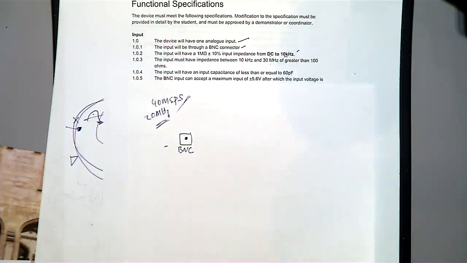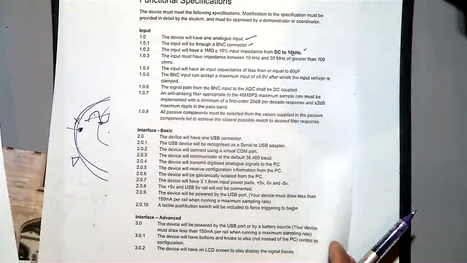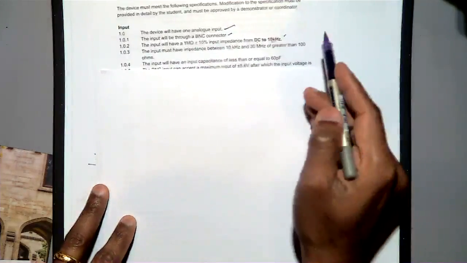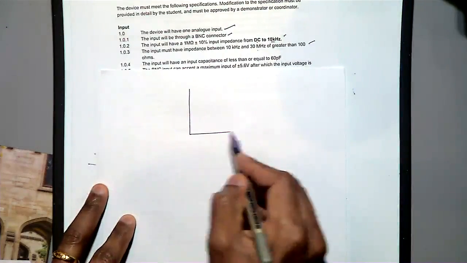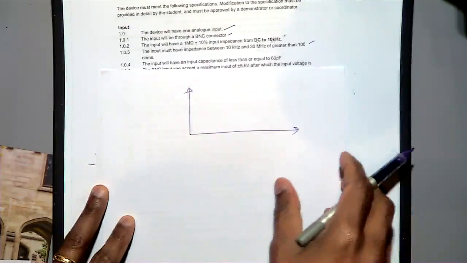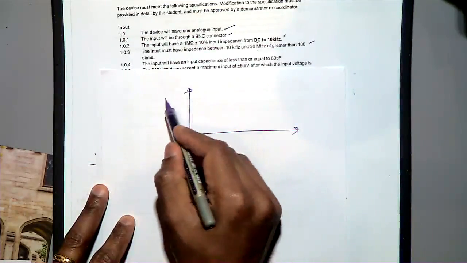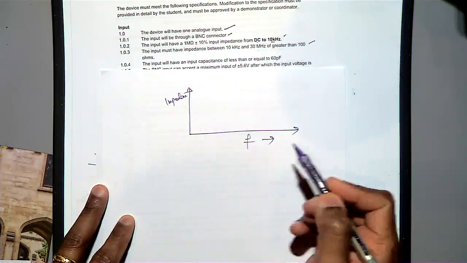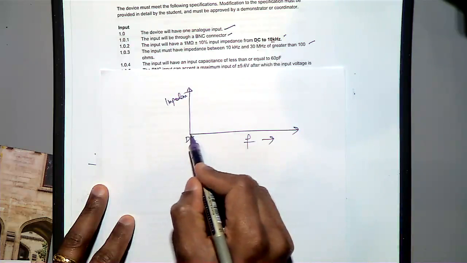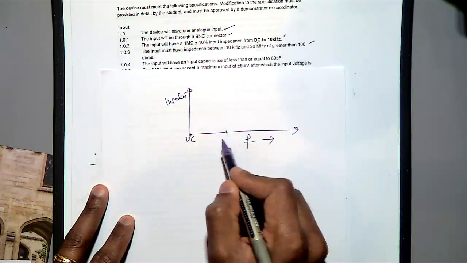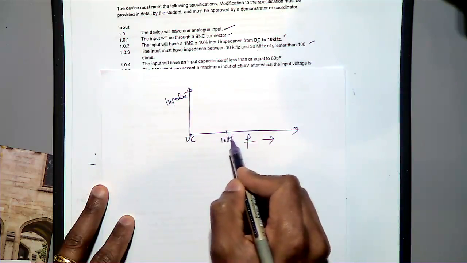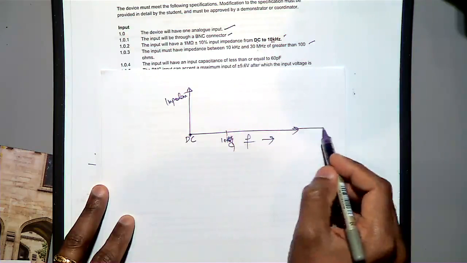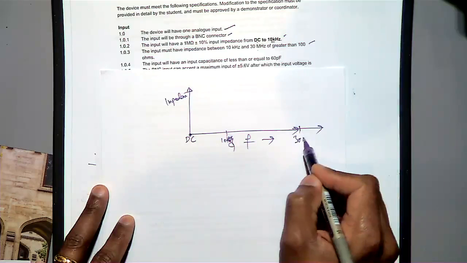So what it means in the DSO is, in order to meet these two, we will plot the impedance at the input at the BNC. This is the impedance, this is the frequency, this is DC, 0 frequency, this is 10 kilohertz, and maybe this is 30 megahertz.